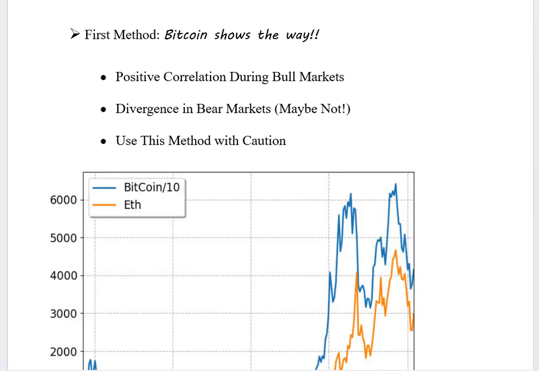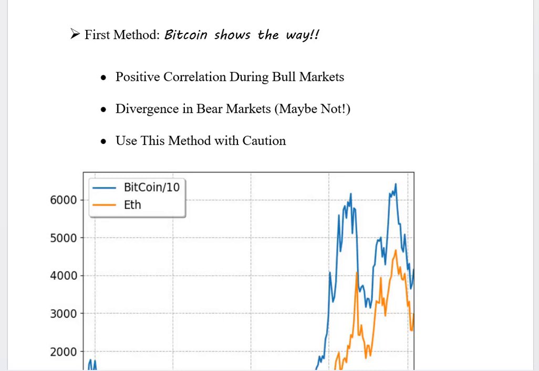Some other researchers believe that there is a positive correlation during bull markets, but in bear trends, conditions change, and Bitcoin and altcoins may fail to forge a correlation.